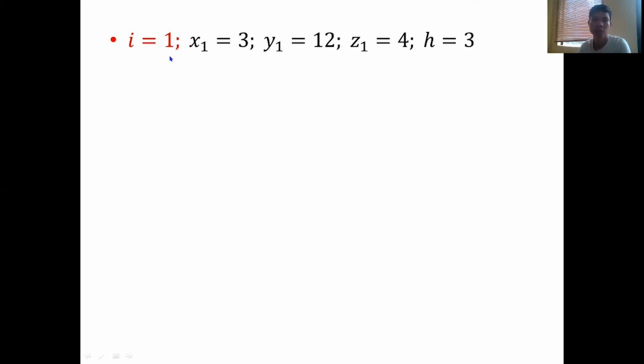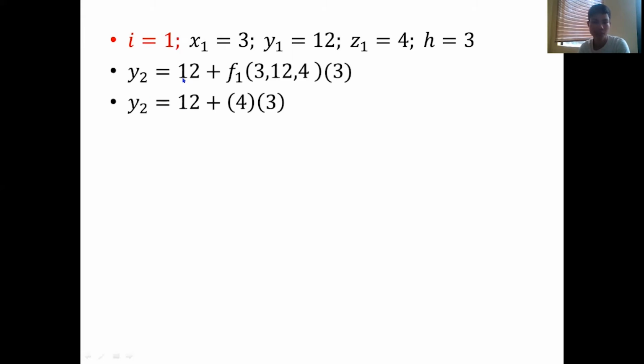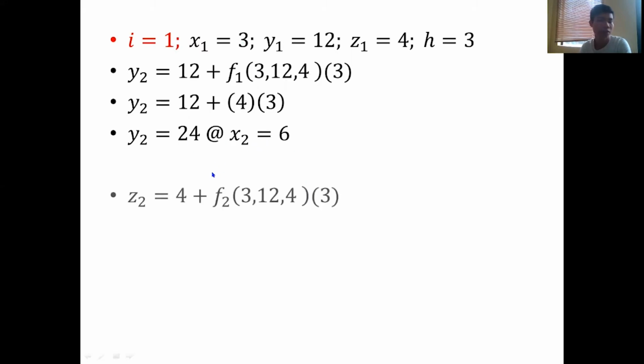These are the values that we obtained lately in our calculations. So substituting again, we have 12 plus f1 of (3, 12, 4) multiplied by 3. In function 1 we only consider z, which is 4. That gives us 12 plus 4 times 3, which equals 24, at the point x equals 6.